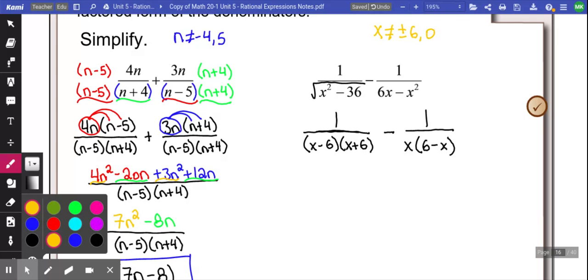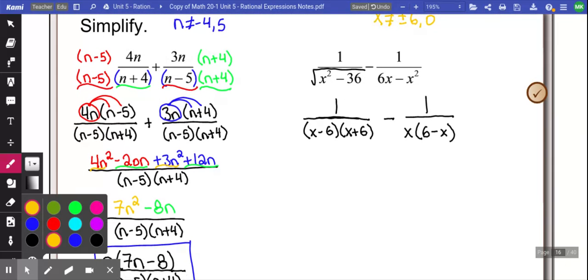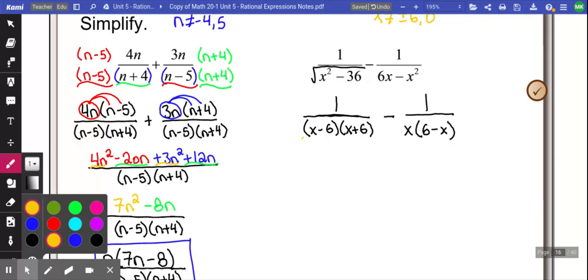Okay, perfect. When you look at these denominators, you'll notice that two of the binomials are very similar, right? I have x minus 6 and 6 minus x. Those are opposites, right? The first one has a positive x. The second one has a negative x. First one has a negative 6. Second one has a positive 6.